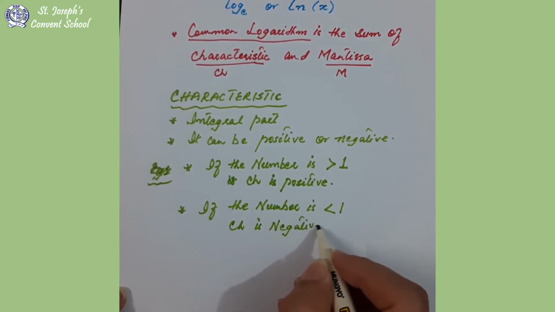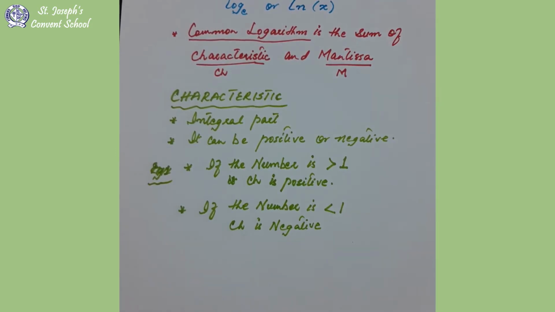So remember this: whatever the number is, like 2, 5, 10, 15, 27, 58, 73, 124, 500, any number greater than 1, you will get a positive characteristic.